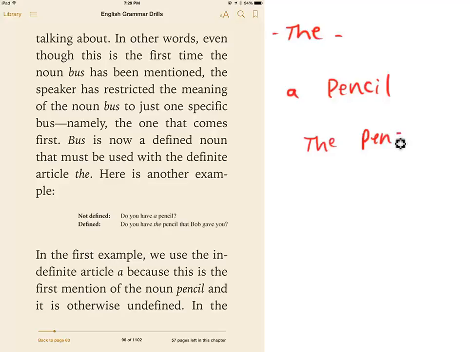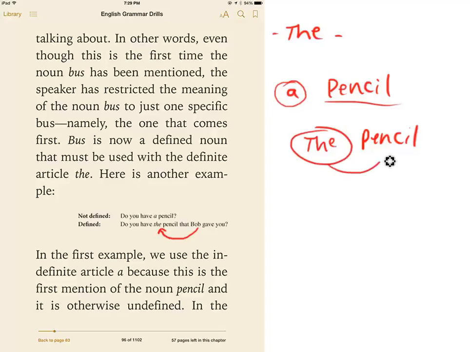Well, why did I use the pencil? Because I tell you which pencil I'm thinking about and that you should know. Bob gave you. Not any pencil, the one that Bob gave you.